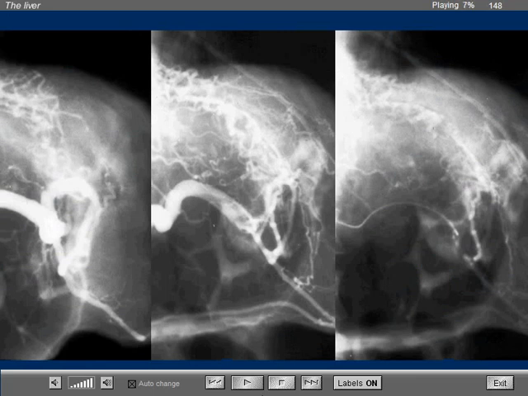The last 3 images correspond to a superselective catheterization of the short gastric veins with eventual obliteration of the veins that supplied most of the fundus of the stomach. Still, we see persistent collaterals at the level of the distal esophagus.